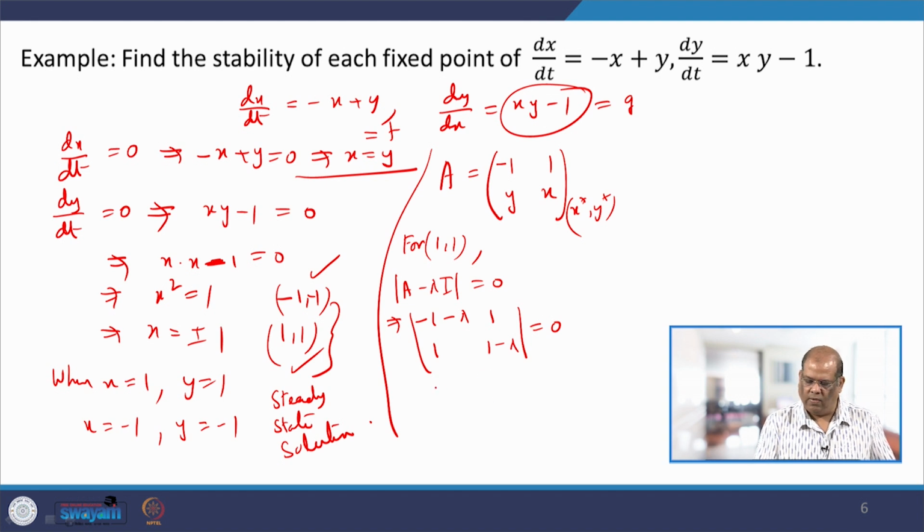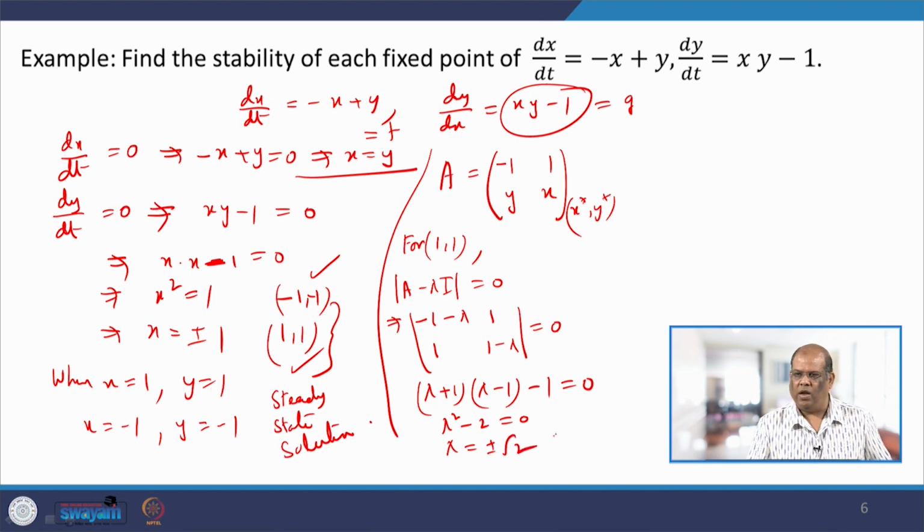If I solve this, this is lambda plus 1, this is lambda minus 1, lambda plus 1 into lambda minus 1 equal to 0. So, I get lambda square minus 2 equal to 0 and lambda equal to plus minus root 2. So, one eigenvalue is positive, another eigenvalue is negative, which implies the system is unstable.